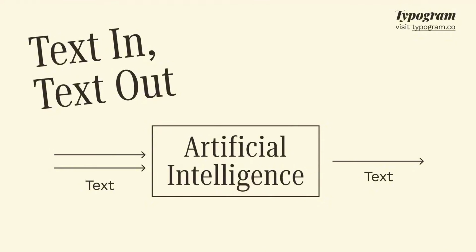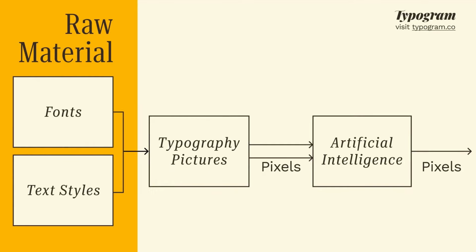But for images, I think they're jumping ahead, because what they're fed is pixels. And pixels are not the raw material to make typography. Well, sometimes you will think, yeah, it is. But actually, no. The way that normal people produce typography is using the raw material of font and text styles.